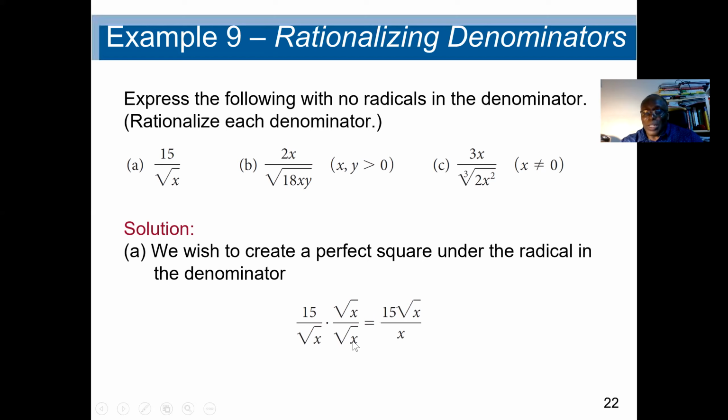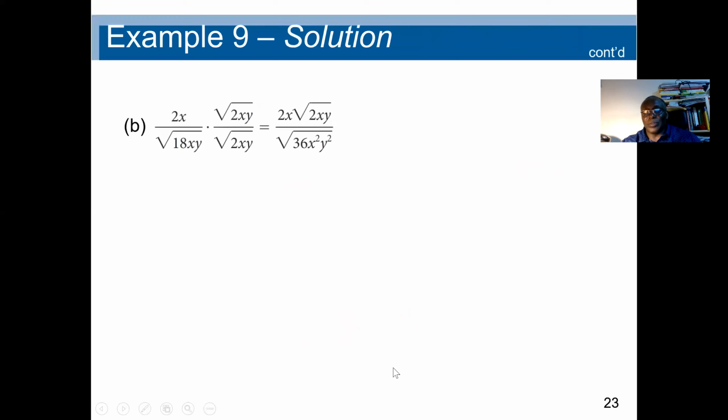Now, if I multiply any value with the denominator, I have to do the same thing to the numerator, so that I'll balance the equation. So since I multiply the denominator by square root of x, I have to multiply the same square root of x to the numerator, so that the expression will be balanced. So our final result will be 15 square root of x divided by x.